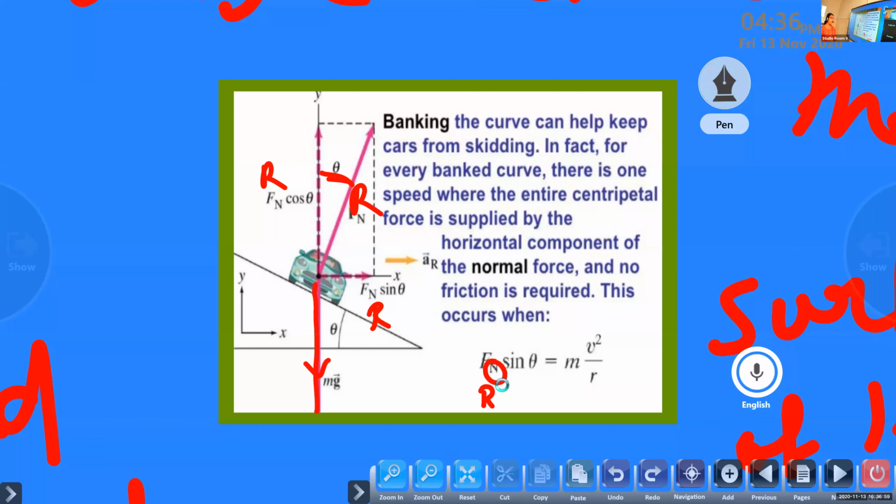At this point, r sin theta is equal to mv square by r. So that is about the banking.